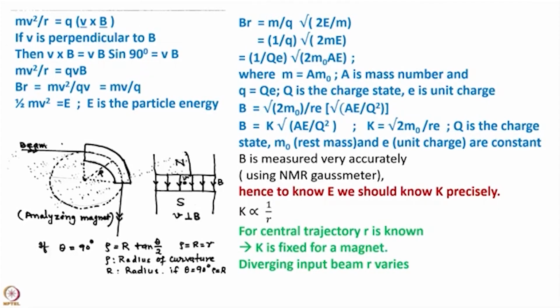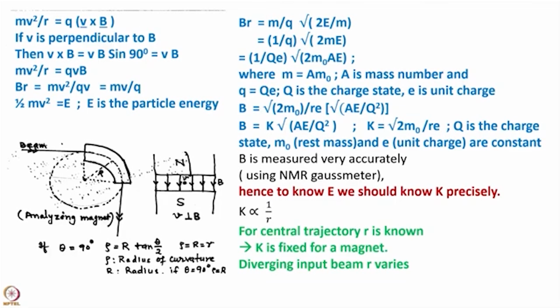Suppose the beam is diverging, then the radius of curvature of all the particles will not be the same. The radius of curvature is fixed only for a particular particle, so you have to know the radius of curvature of the beam. And as I said, if it is a diverging or converging beam, then the radius of curvature of all the particles in the beam need not be the same.